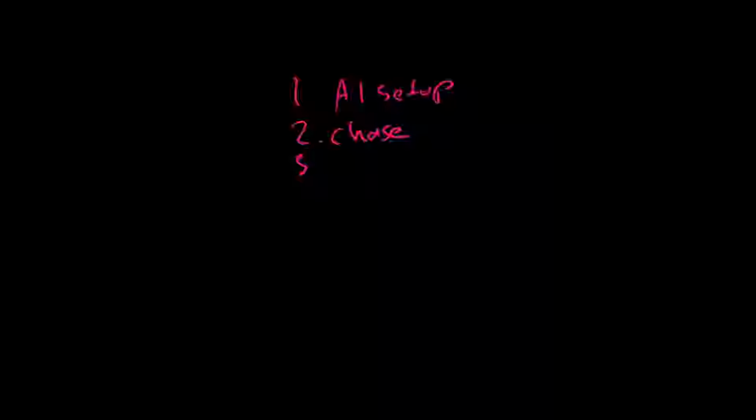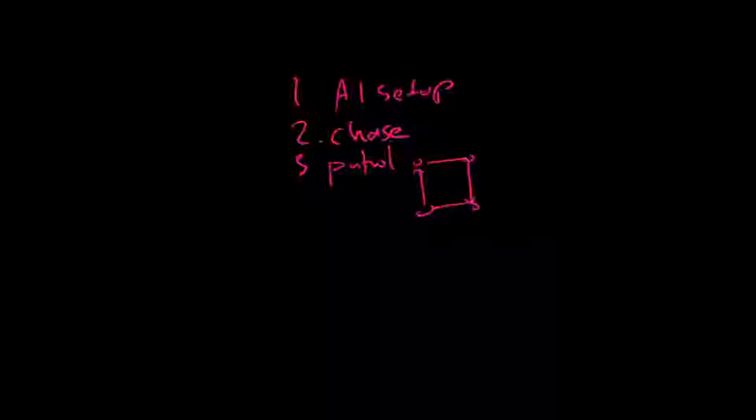And then the third one we made, we inherited those properties from the chase AI, but we also had it patrol. So this AI did a little patrol, and we added some patrol points that it could move around between. Right, and then it would inherit the properties of the chase AI as well.